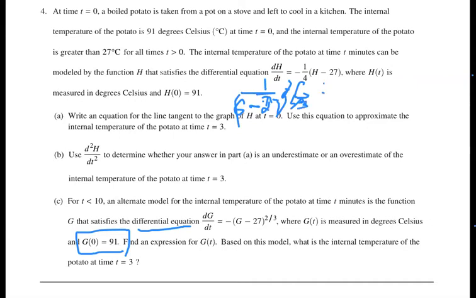And left over here is our negative sign. We need to multiply the dt over to that side. Then we're going to integrate each side.